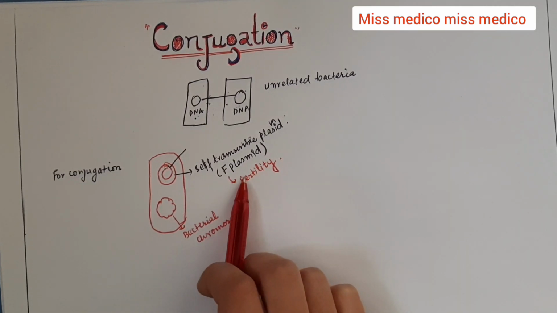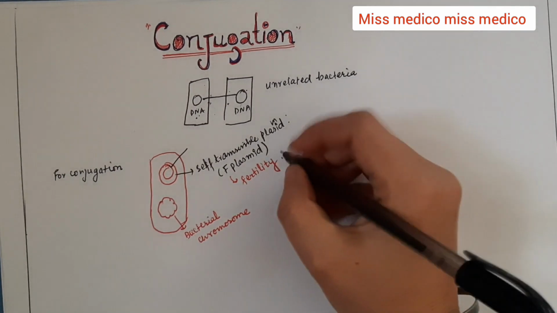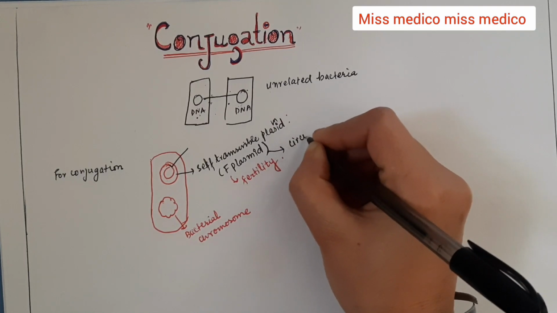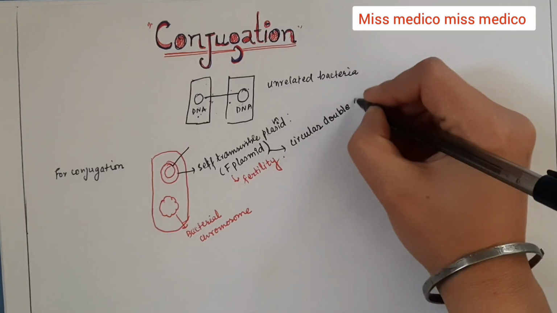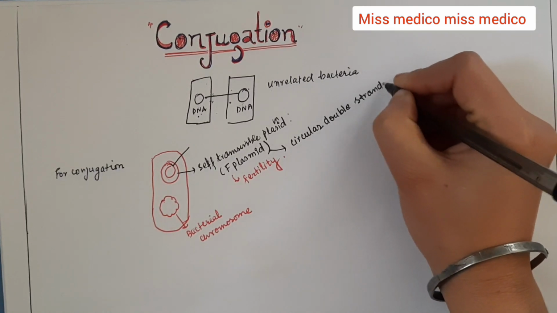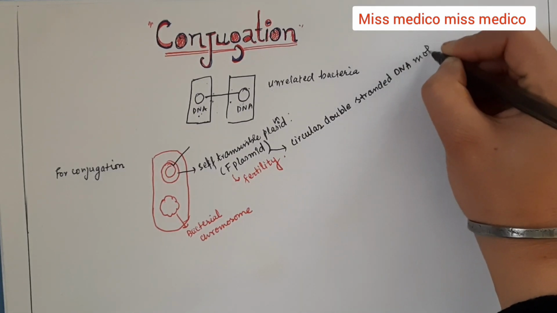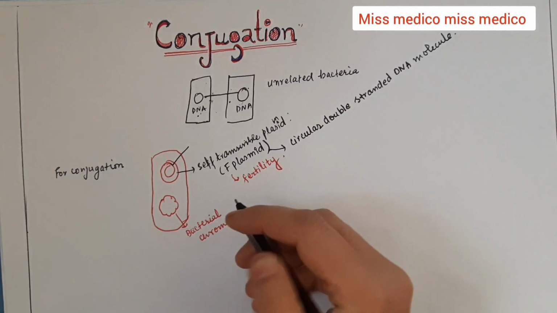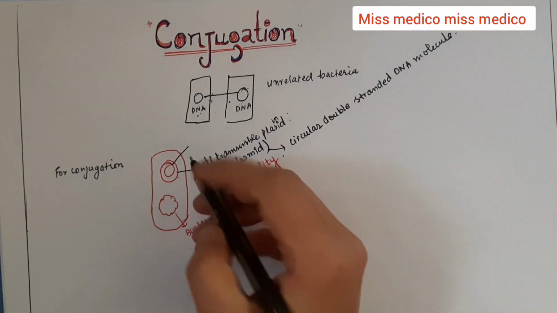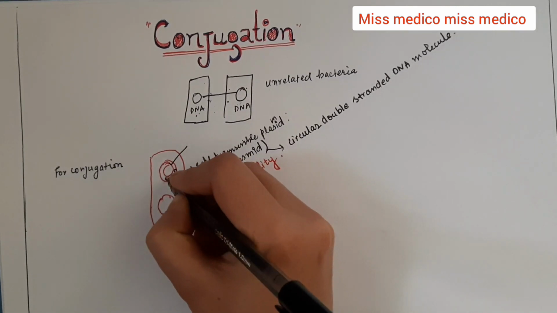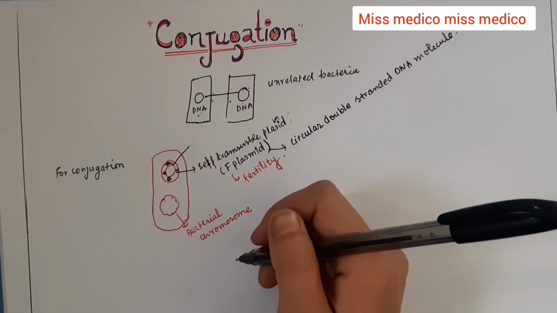What is a plasmid? A plasmid is a circular, double stranded DNA molecule that lies outside the bacterial chromosome. And this plasmid carries many genes, including those for drug resistance.